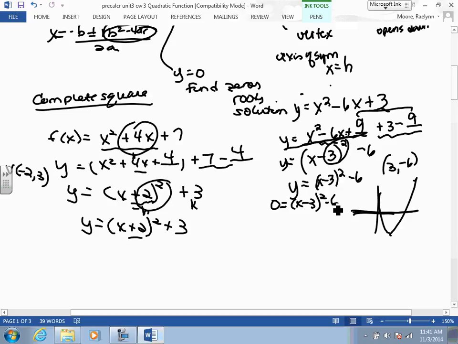We add 6 to both sides. How do you undo a square? You get a plus or minus square root of 6. And then you add 3.